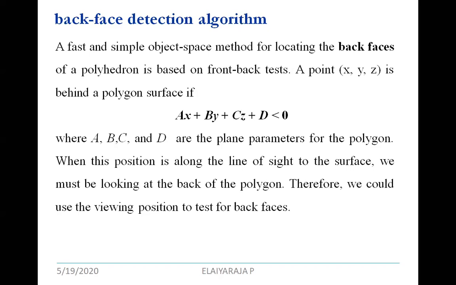What you are going to do is discard the current frame, because it is away from the viewer, so it is a back face. Away from the viewer means back face, so you are not going to draw it. You discard the current frame and move to the next one.